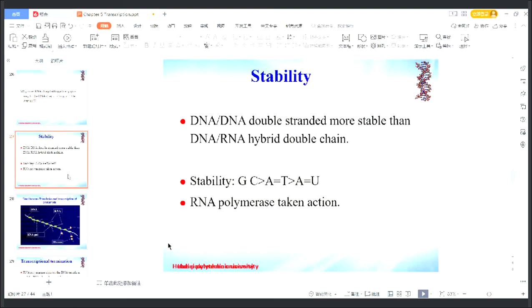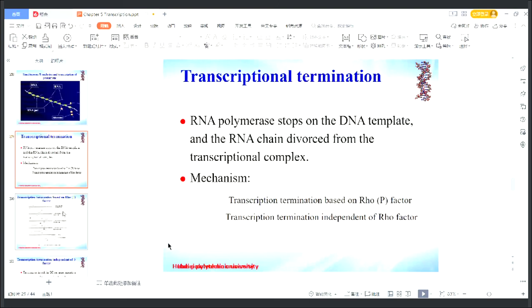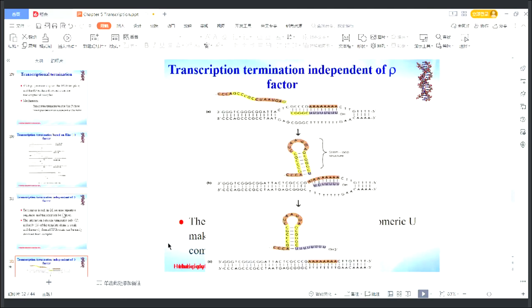For the left two stages, one stage is termination. For the prokaryotic organisms, you can see two kinds of methods. One, the rho factor takes part in and terminates the transcription. And another one, you can see the special sequence. These are the two kinds of termination.